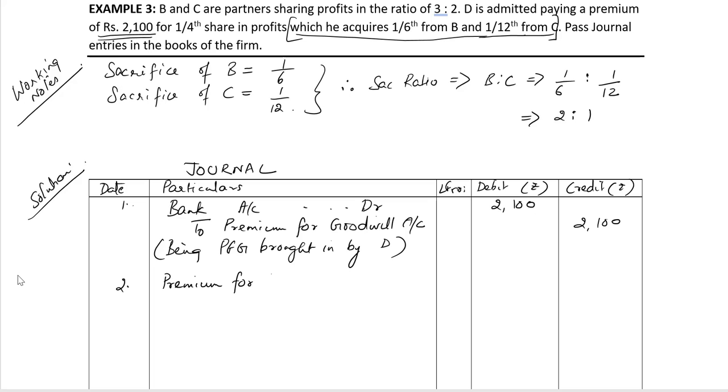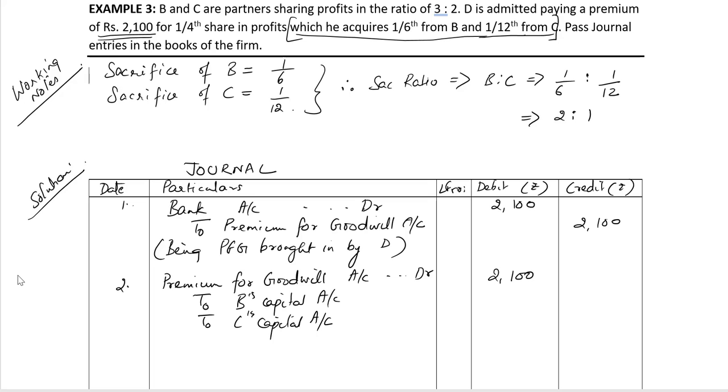Premium for goodwill account debit to B's capital account, fluctuating capital method assumed, to C's capital account. The amount of premium for goodwill is rupees 2,100. Amount has to be distributed in the sacrificing ratio of 2 is to 1.